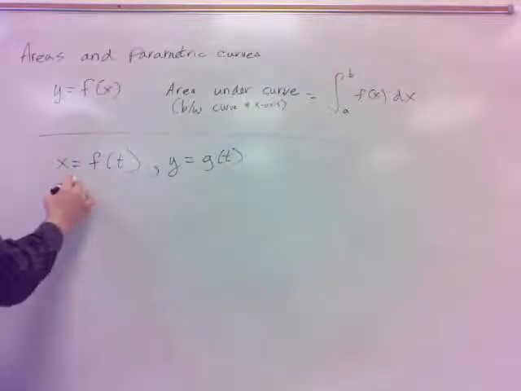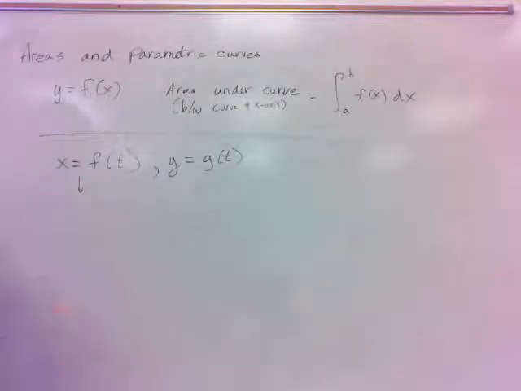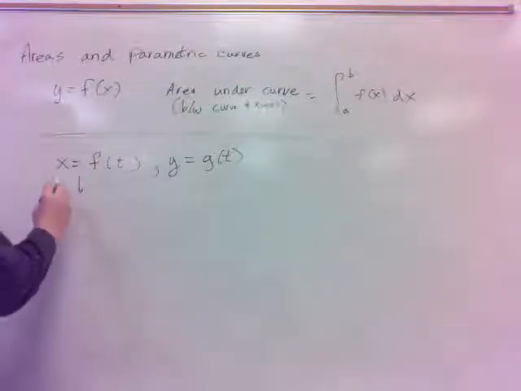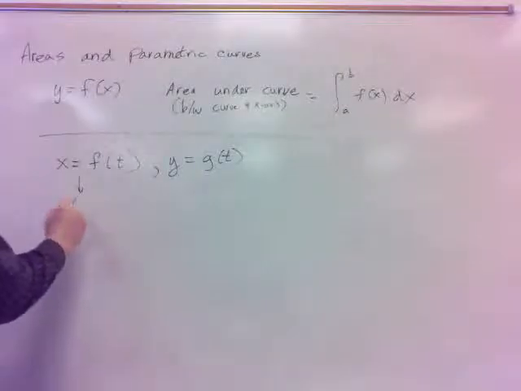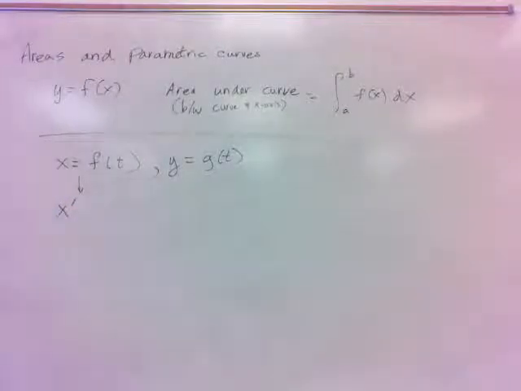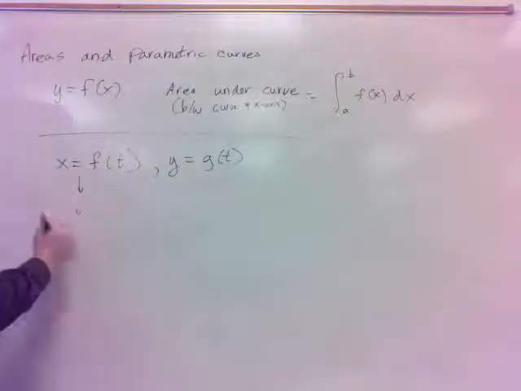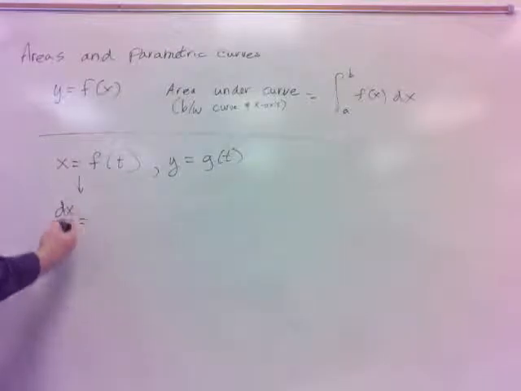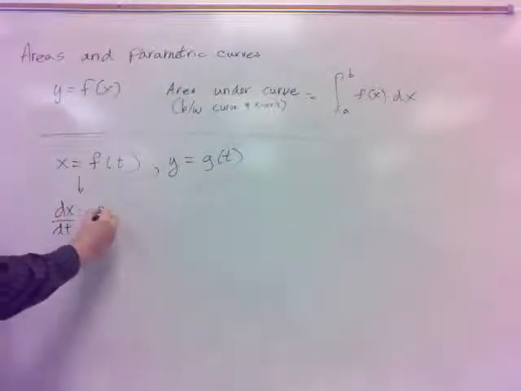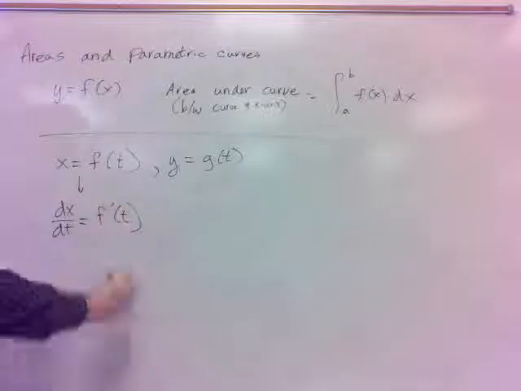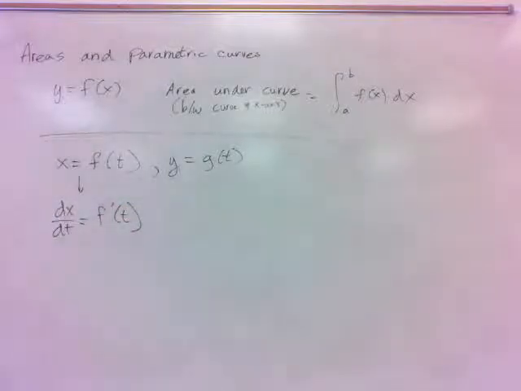Well, here's what we're going to have to utilize. My x prime, or dx dt, let's call it. Well, that's the derivative of x with respect to t, which in this notation we could just say is f prime of t, just the derivative of that particular expression.